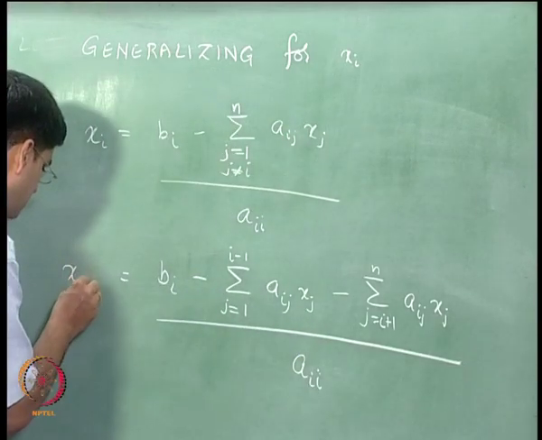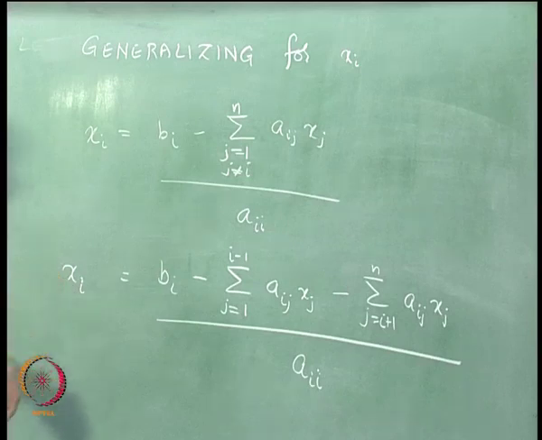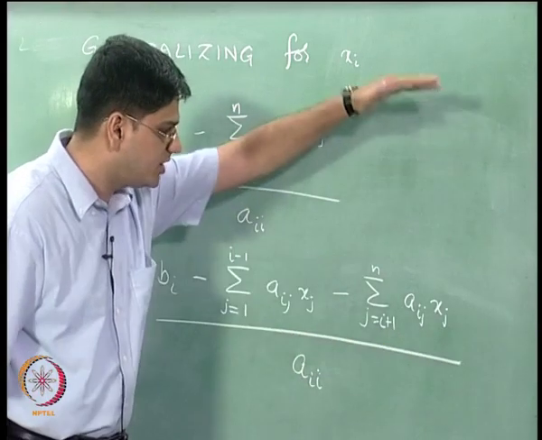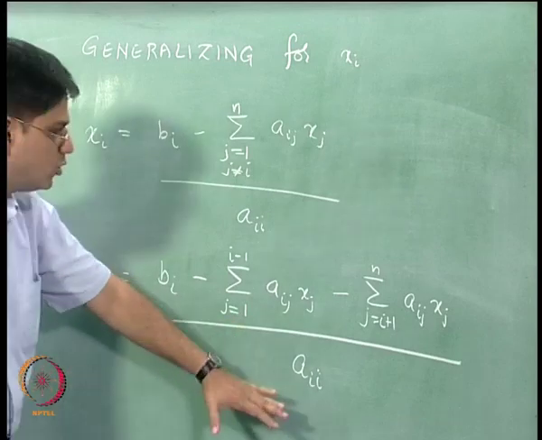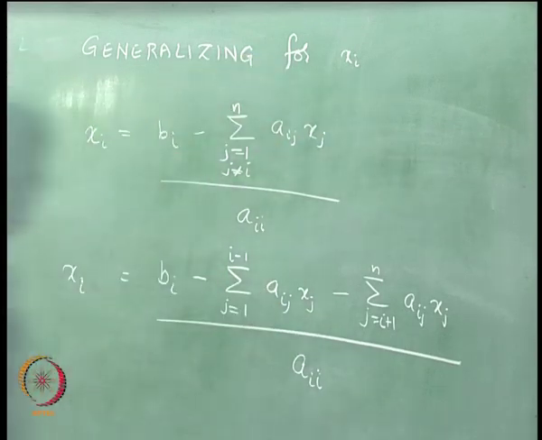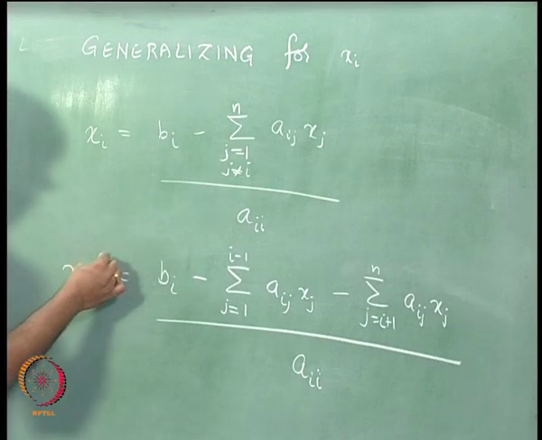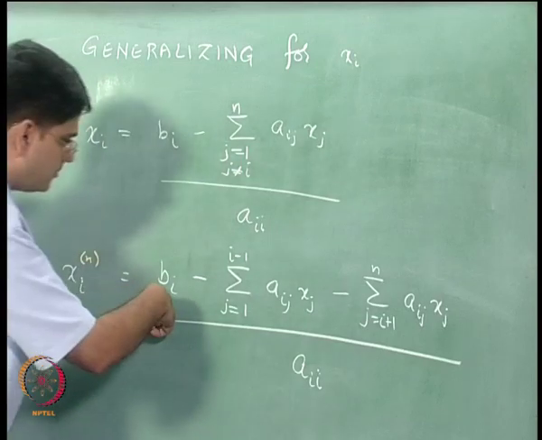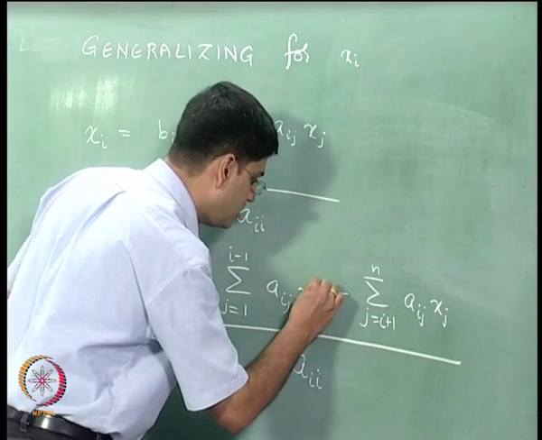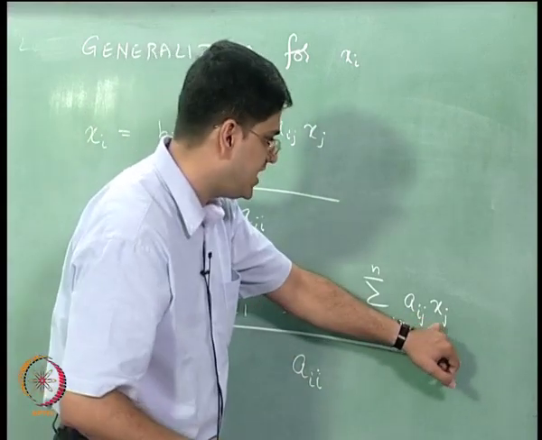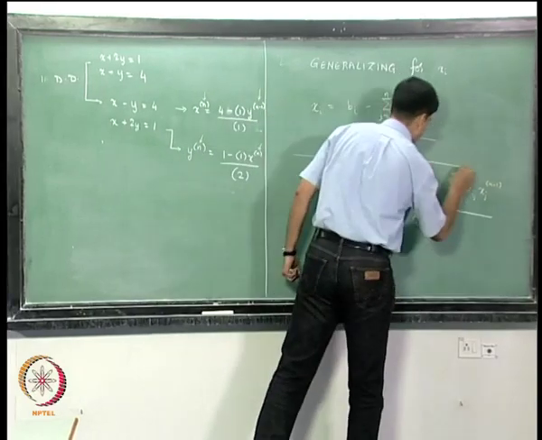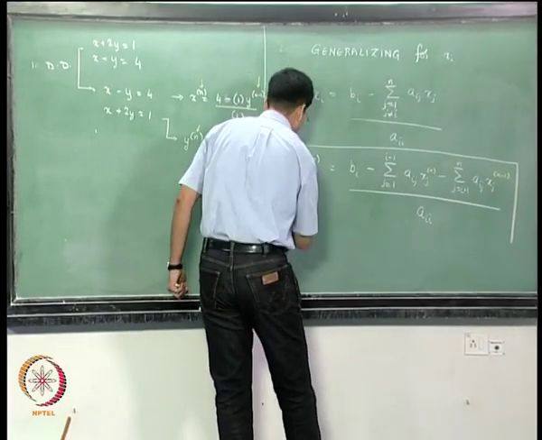That is going to be our xi. What we will use to get the xi value is all the new values of xj in the subdiagonal elements and all the old values of xj in the super diagonal elements. So xi at iteration n is equal to bi minus summation aij xj at n minus summation aij xj at n minus 1, divided by aii. This represents the Gauss-Seidel method.